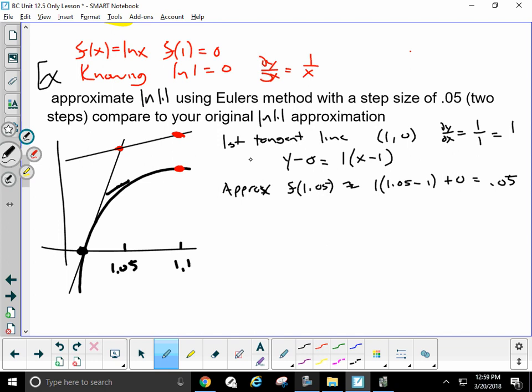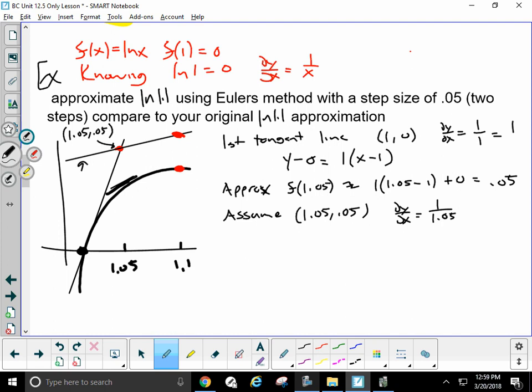We will then assume that the point (1.05, 0.05), my first approximation, which is right here, is on the function. So I will find its tangent slope as if it was on the function, which means my dy/dx would be 1 over 1.05.